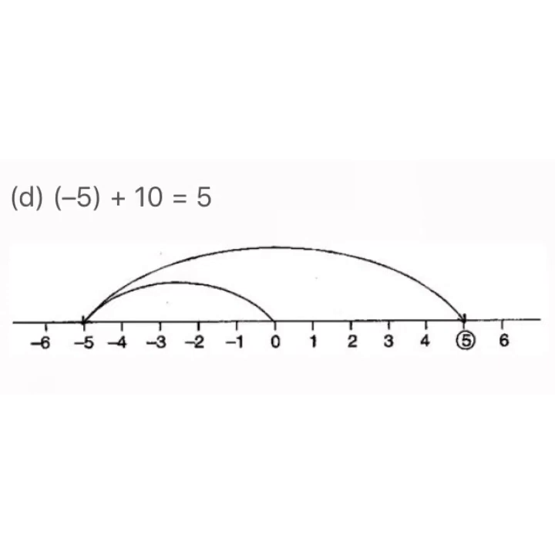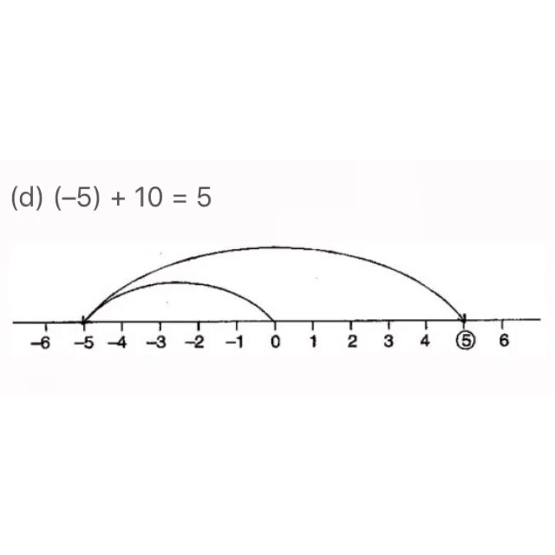Now from minus 5 we will move 10 steps right towards minus 5 and we will reach to 5, that is positive 5, and in this way we can represent minus 5 plus 10 is equals to 5 on the number line.